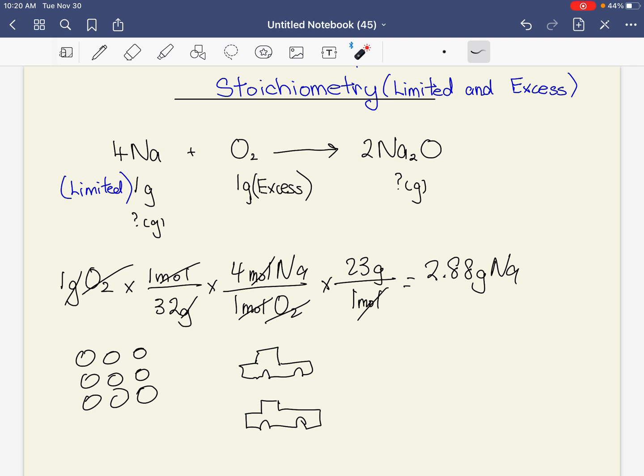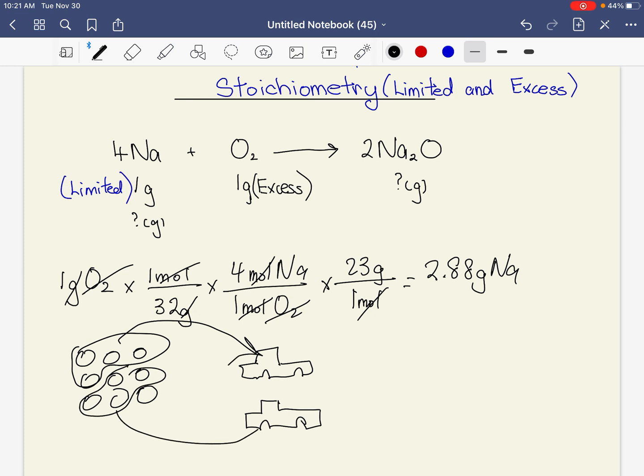Why? Because for every car, you need 4 wheels. You have 2 frames. Obviously, you have an extra wheel here. So the determining factor will not be the wheel, but the frame. The frame in this case will be the limited.